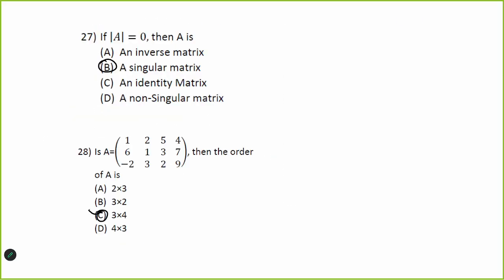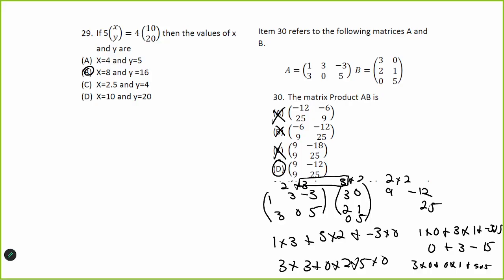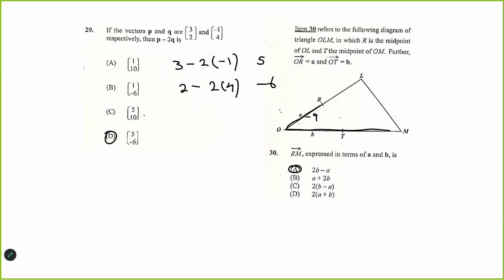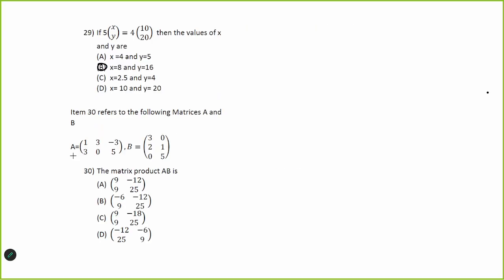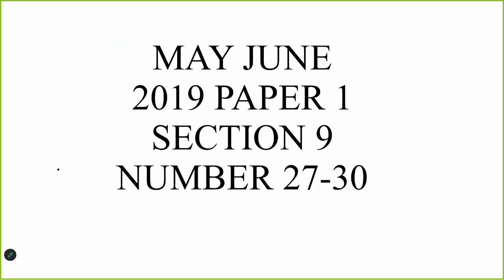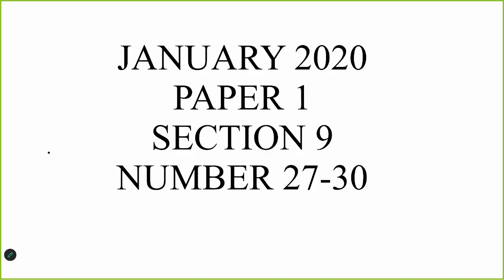Let's go back. 9, negative 12, 9, 25. So the answer is A for this one. Then we're finished with January 2020.